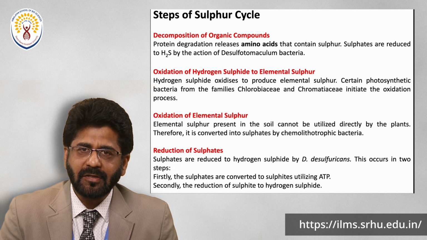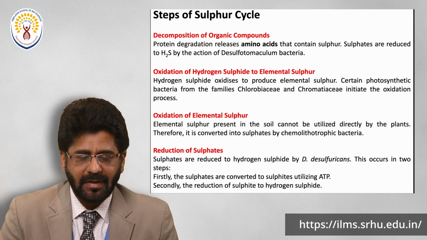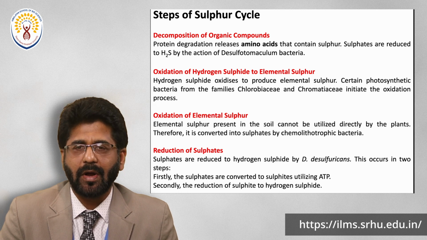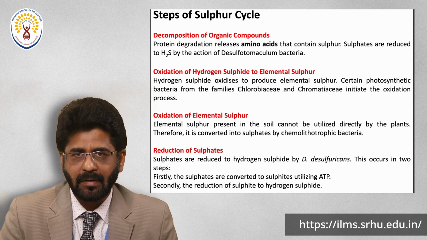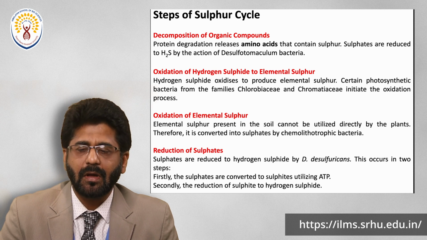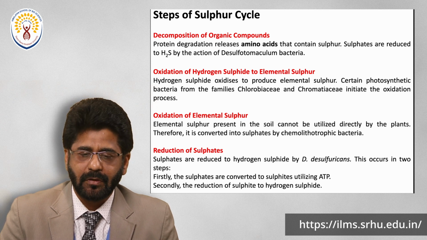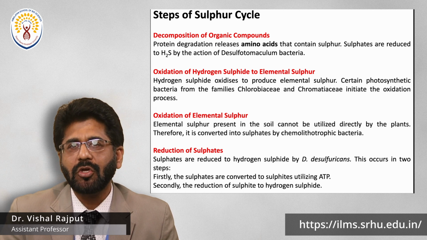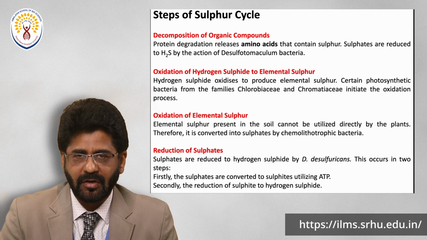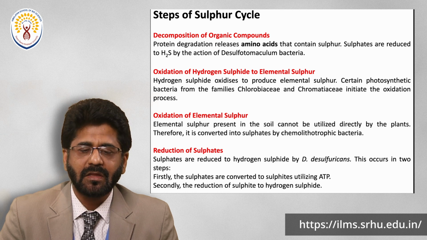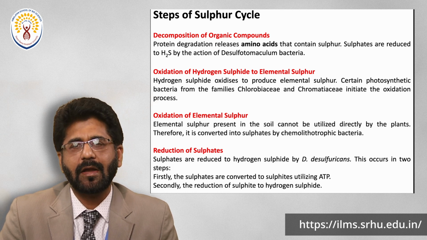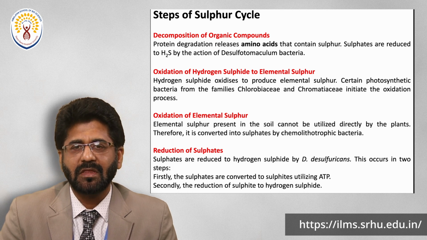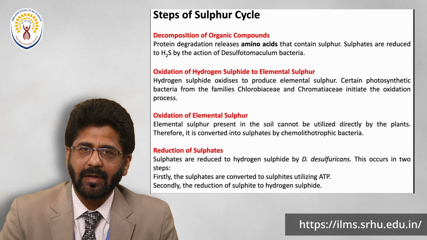Further, sulfates must be reduced. So the next step is the reduction of sulfate. Sulfates are reduced to hydrogen sulfide, again by microorganisms, and this occurs in two steps. First, the sulfates are converted to sulfide by utilizing ATP, the energy molecule, and secondly, the sulfide is reduced to hydrogen sulfide, which at this stage can be utilized by the plants.